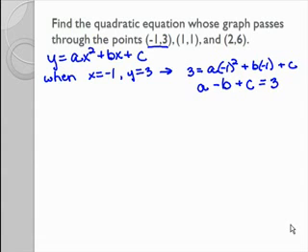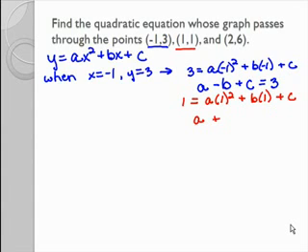Alright, now we're going to do the same thing with this point. When x is 1 and y is 1, we end up with 1 is equal to a times 1 squared plus b times 1 plus c. So if I simplify it and rewrite it, I get 1a plus 1b plus 1c is equal to 1.